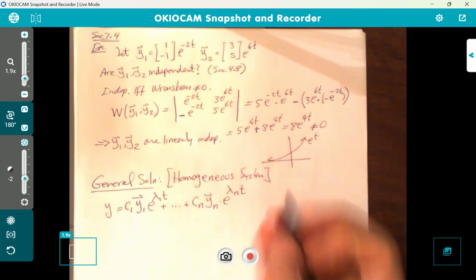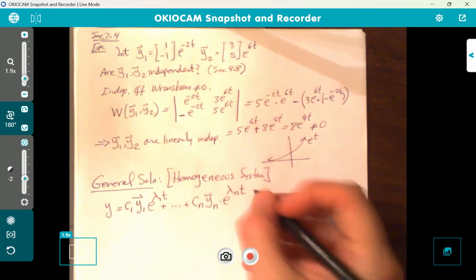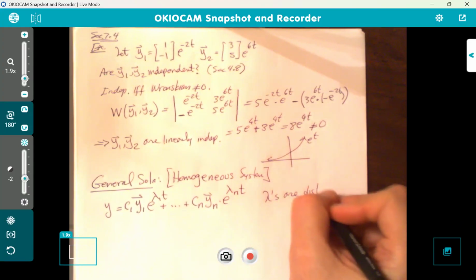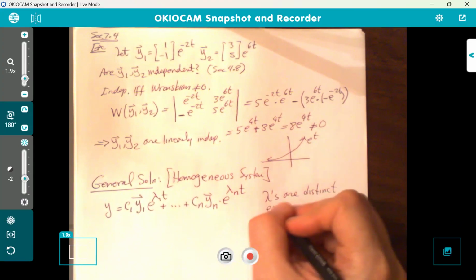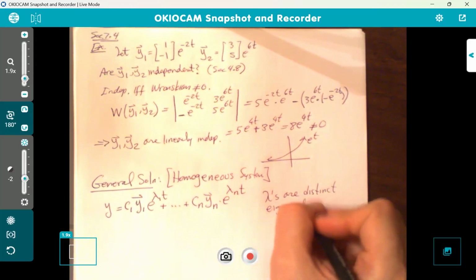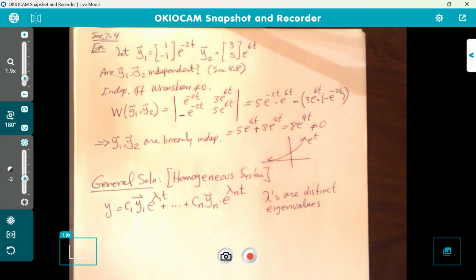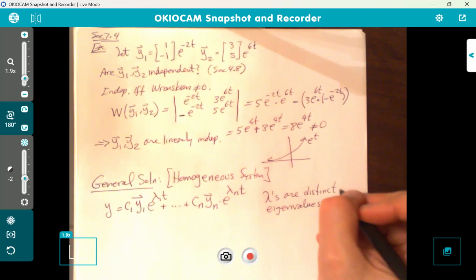Here, by the way, the lambdas are distinct eigenvalues, just like before. That's why, again, eigenvalues are so important, because they help us solve these systems of differential equations. So these are distinct eigenvalues, and they're real, by the way.